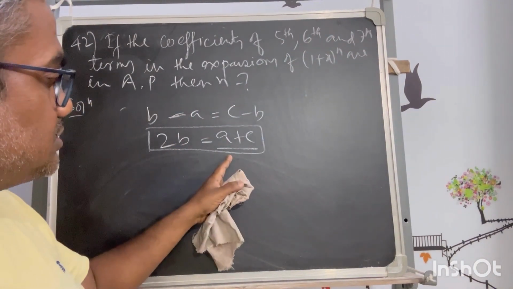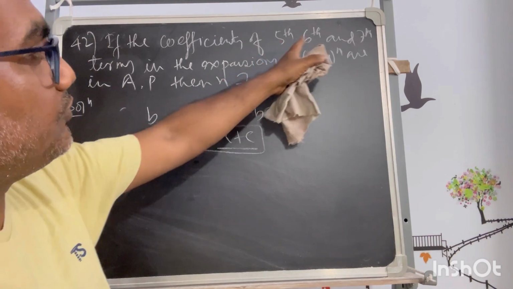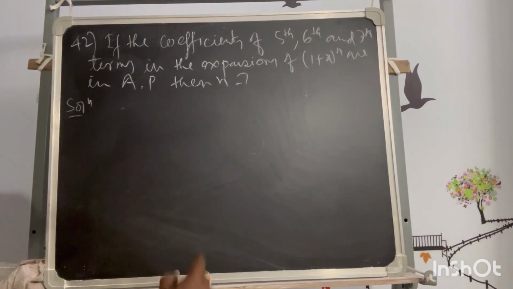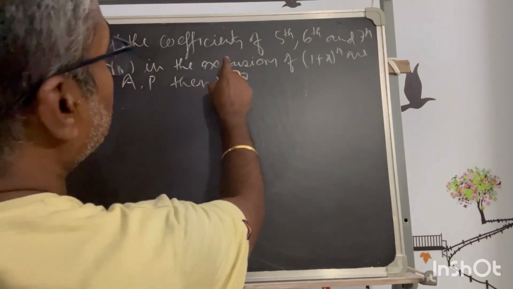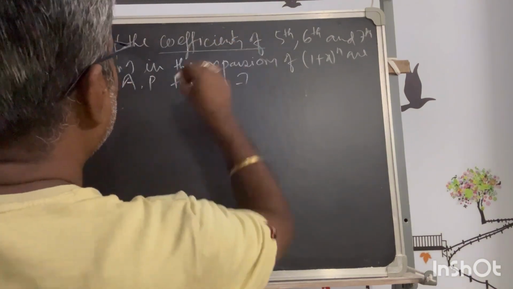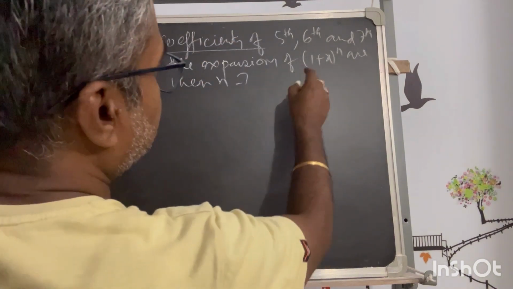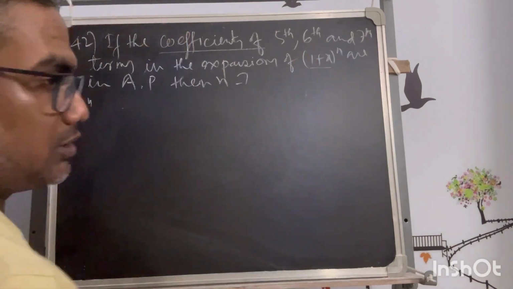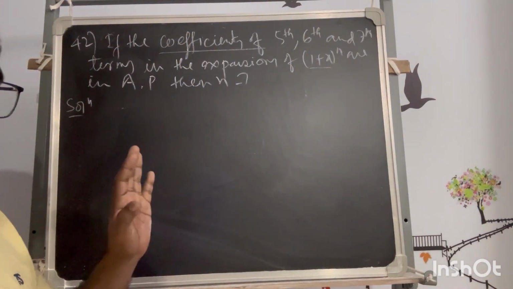If this follows the rule for AP, this will follow for this also. With that concept, what follows? Here, because the terms are 1 and x, the coefficient will be only the binomial coefficient.